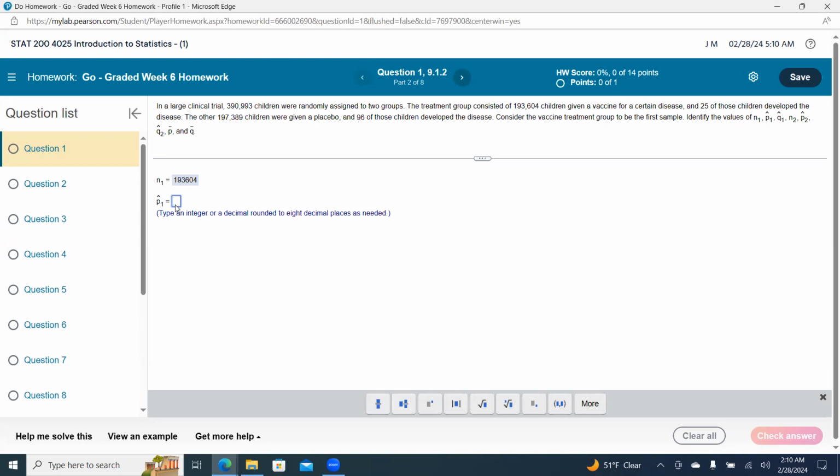The treatment group children, 25 of those develop it, so it has to be 25 divided by that number, which is P1 hat.